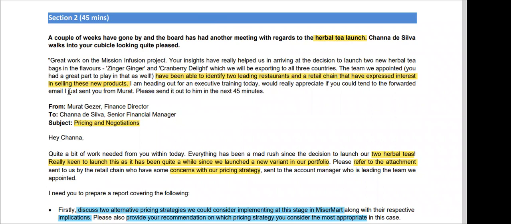As per this question, the company is in the process of expanding their product range, thereby introducing a herbal tea range.